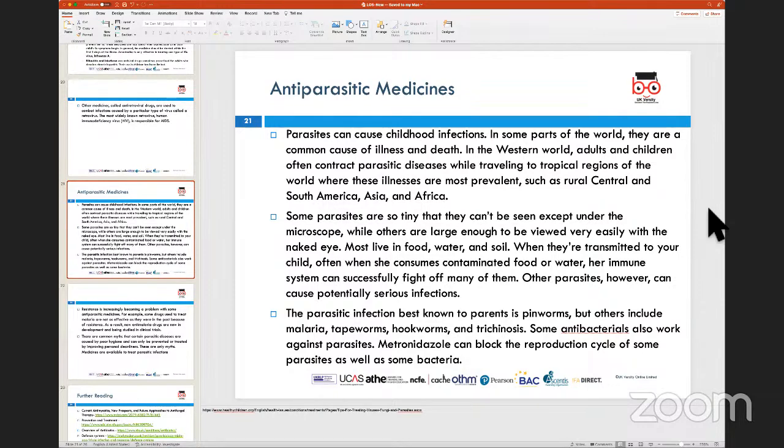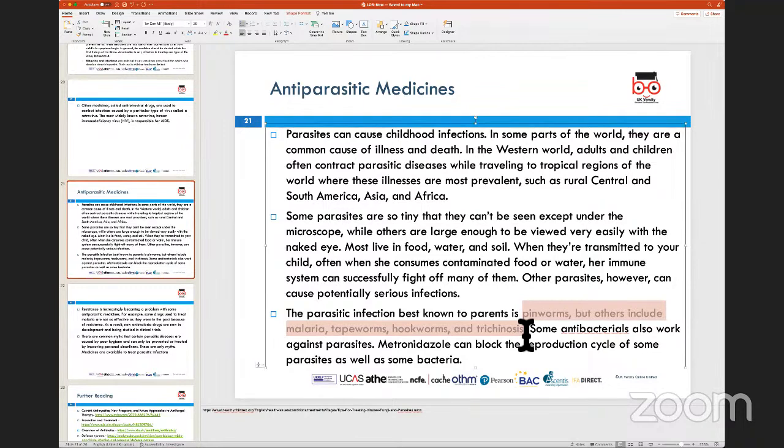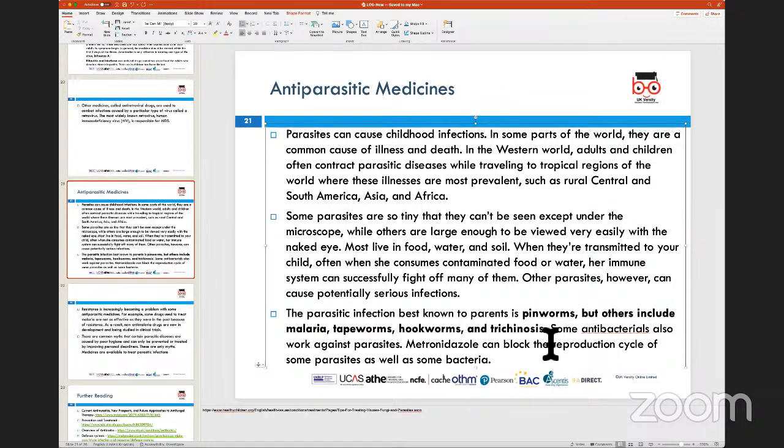Now, when we look at these kinds of infections, one of the most common types we get to see is worms within our body. Some of these worms, pinworms, roundworms, ringworms, hookworms, can be seen in our body, and in some cases they are termed parasites because these worms can be seen with the naked eye.